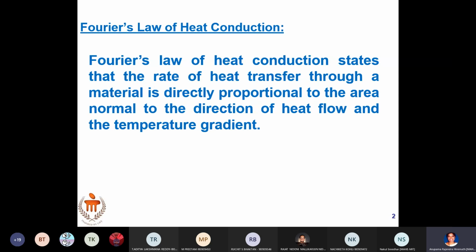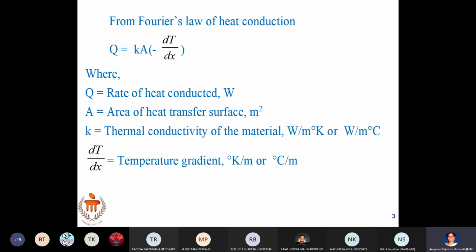So what is Fourier's law? Fourier's law of heat conduction states that the rate of heat transfer through a material is directly proportional to the area normal to the direction of heat flow and the temperature gradient.